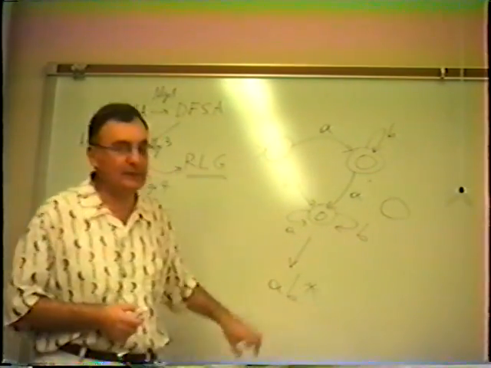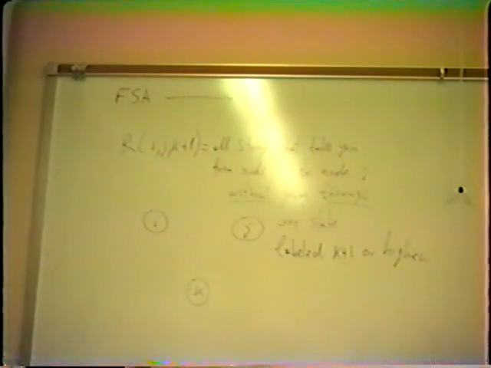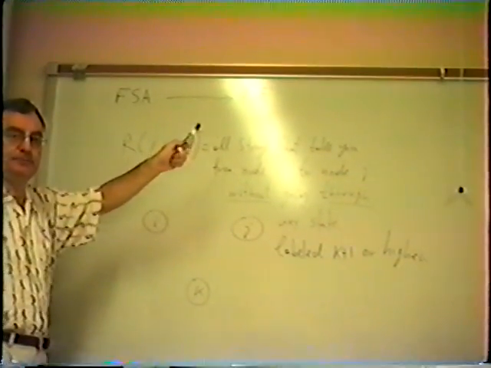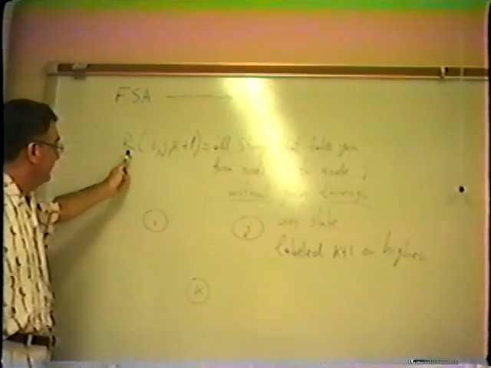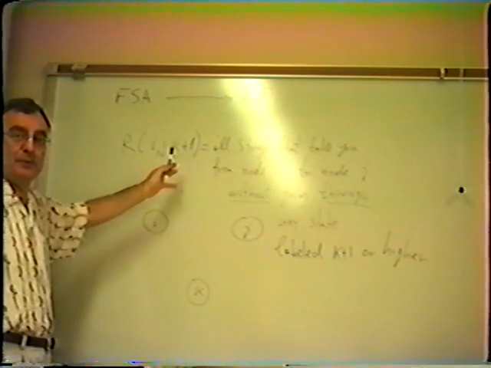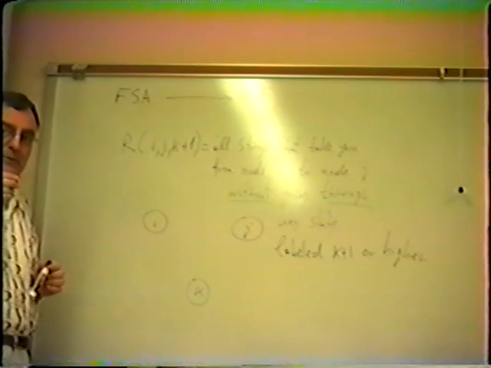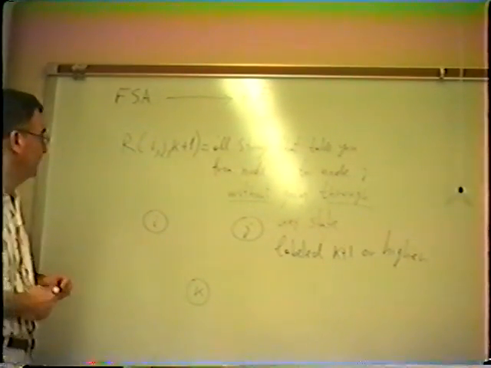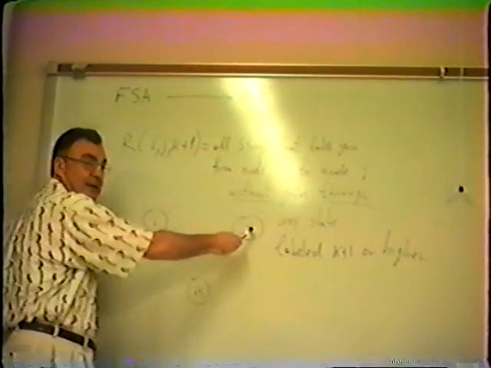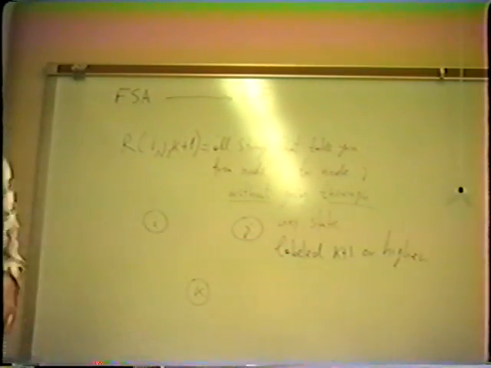From an FSA, can we get the regular expression, not the natural language, but the regular expression? Okay, what's the algorithm that will convert an FSA to a regular expression? Let's define R, which stands for recursive, it's a recursive formula. R i j k plus 1 is defined to be all the strings in sigma star that will take you in the automaton from node I to node J without going through any node labeled K plus 1 or higher.